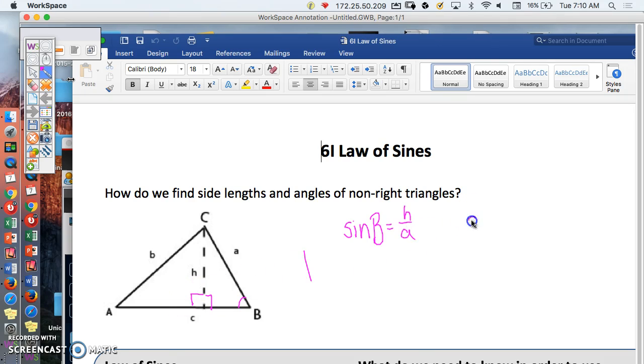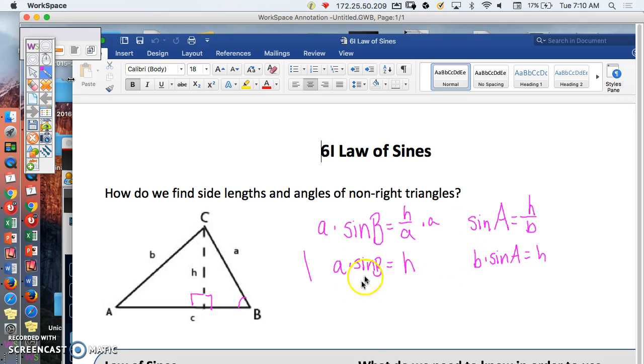But if I took the sine of a, I would have opposite over hypotenuse, h over b. And then let's say I solve for the height, so times a, so I have a times the sine of b equals h, and then over here I have b times the sine of a equals h.